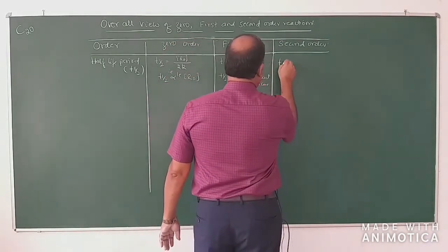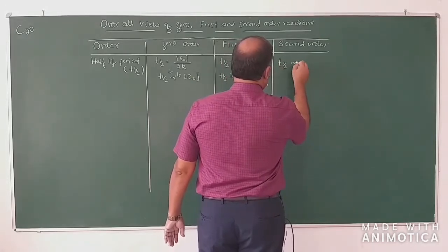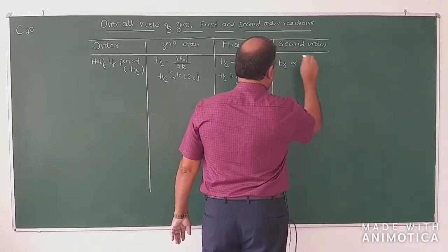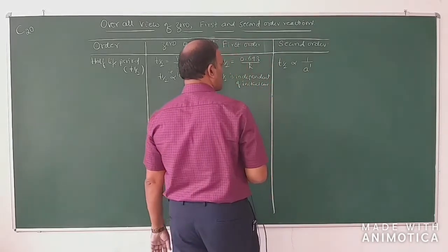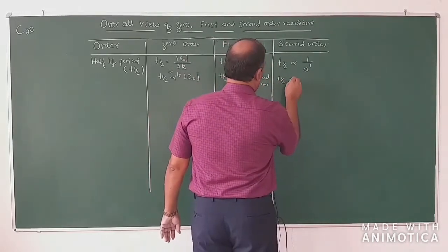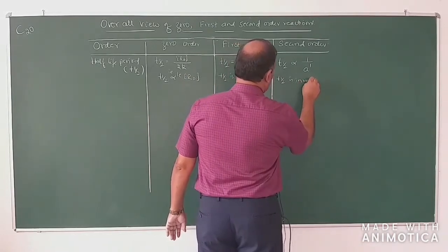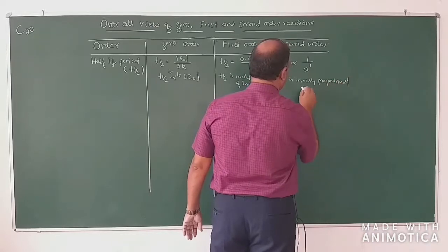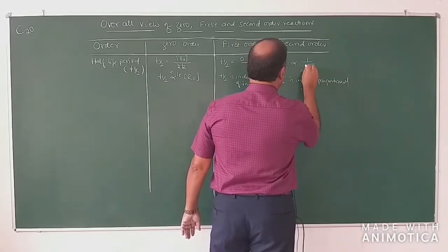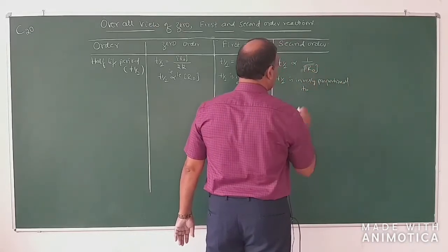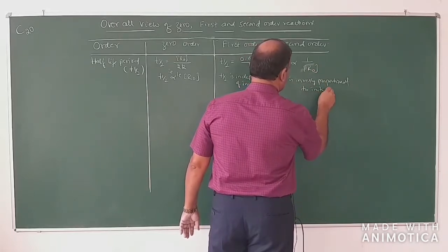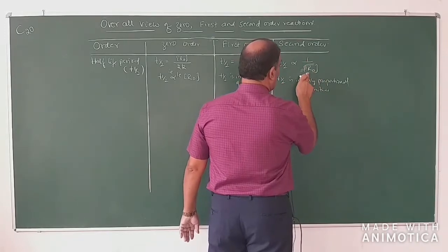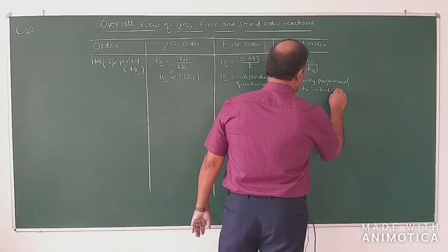And then coming to second order reaction, t1/2 is inversely proportional to initial concentration. So t1/2 is proportional to 1 over R naught, not A, R naught, initial concentration.